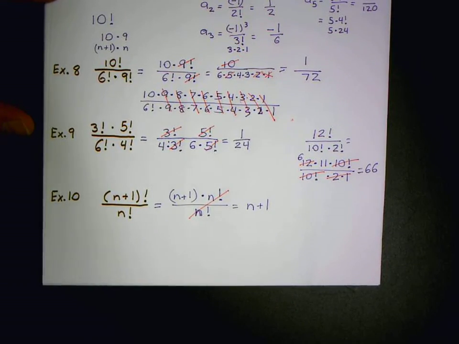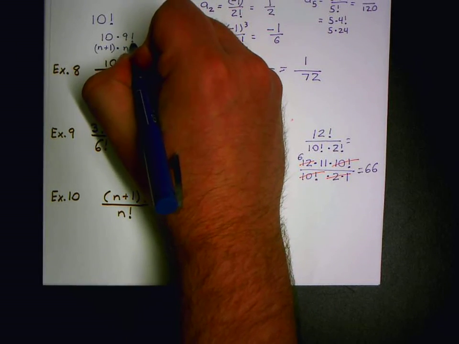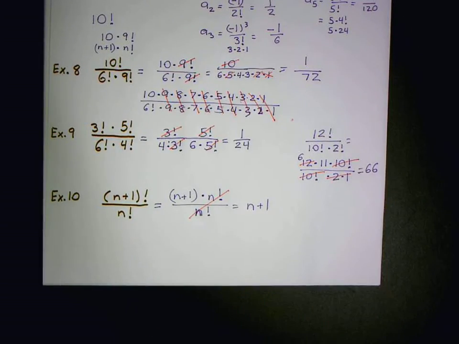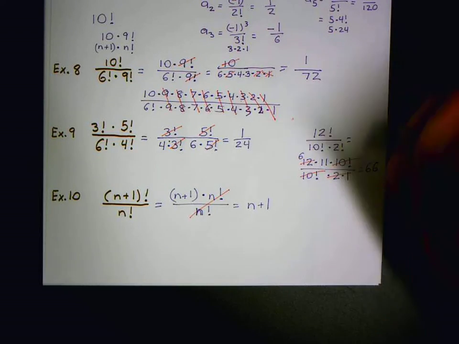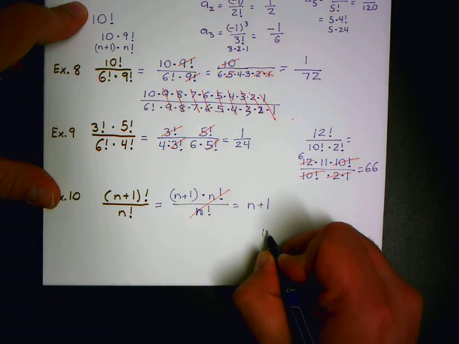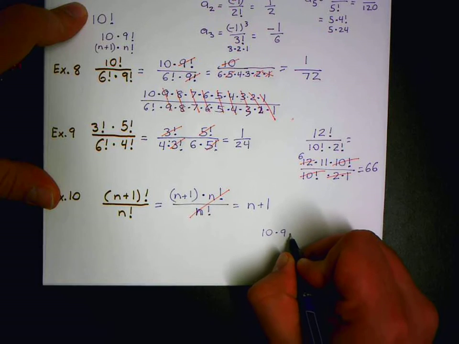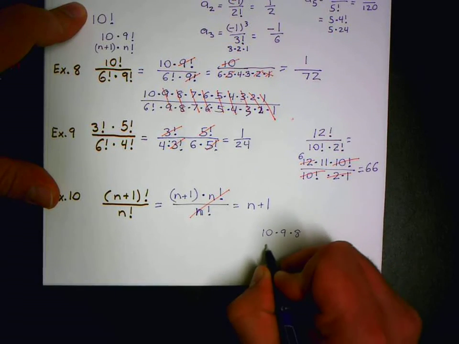Makes sense. And then I stopped there because that matched what was on the bottom. I could have kept going, because if I have my next number, I subtract 1 again.